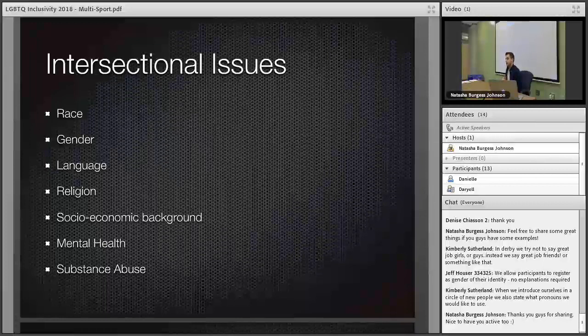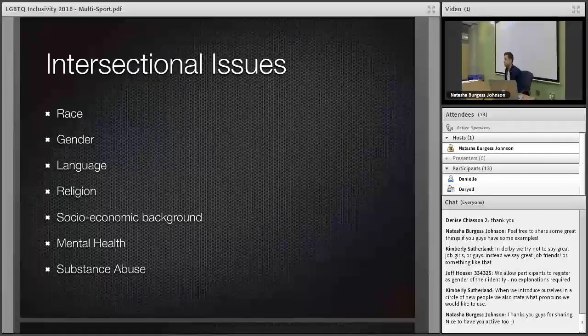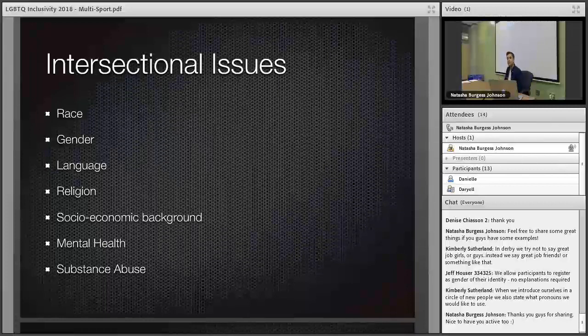For example, I'm a white cisgender male, I speak English, from an upper middle class family, so I'm one of the least disadvantaged people in this group, right? I can walk into most rooms and be listened to, be respected, be heard, and that's fine. I haven't had a lot of negative experiences. I've had some, but not many.